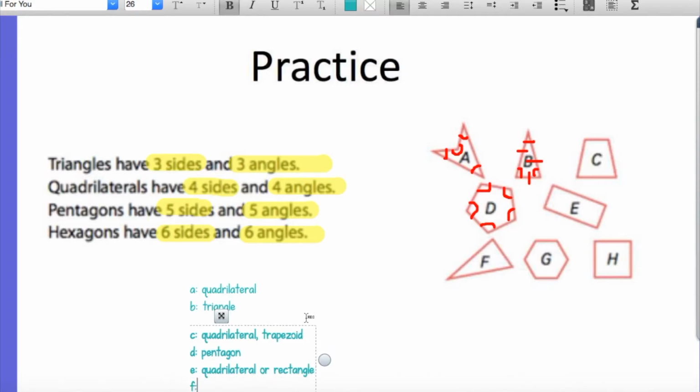F is a triangle, G is a hexagon with the 6 sides and 6 angles, and H is a quadrilateral or a square. Now remember, a square can be a rhombus, but a rhombus cannot be a square. So this also could be a rhombus.